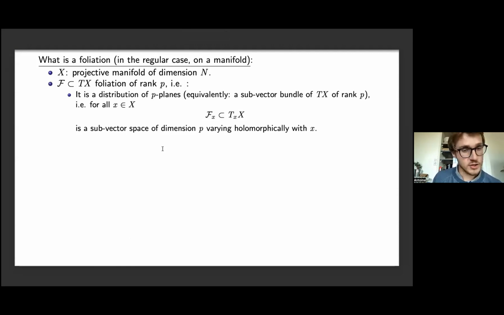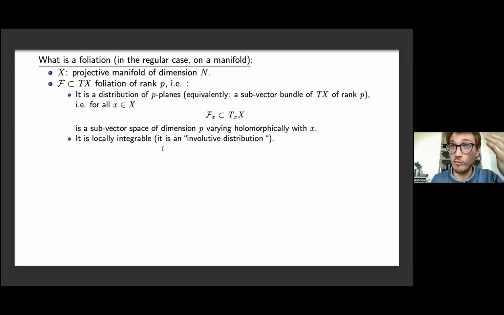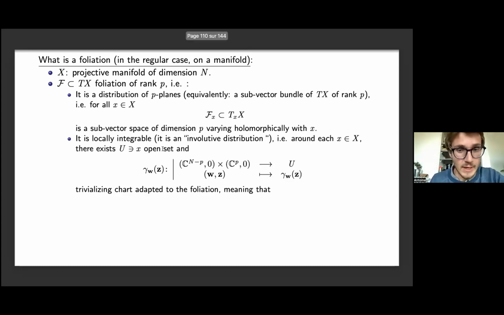And for it to be a foliation, one has to add another condition: it must be locally integrable. Usually one says that it is an involutive distribution, which is due to Frobenius theorem. So what does it mean to be locally integrable? It means that around every point of the projective manifold, one can find a small open set on which there exists a biholomorphism of the following form.